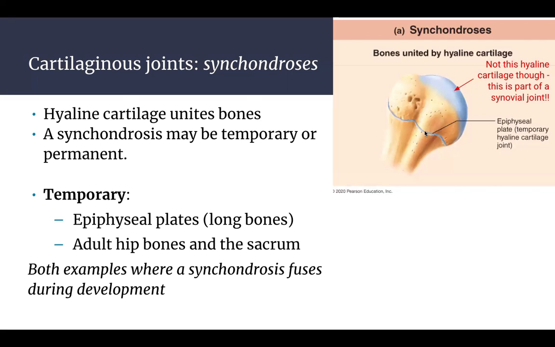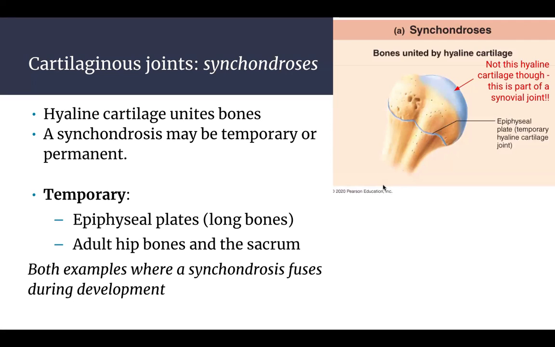We met this already in our lectures on bone and bone development. This is the epiphyseal plate. You can see here, this plate is joining the head of the humerus to the longer part, with the diaphysis heading down out of the view.